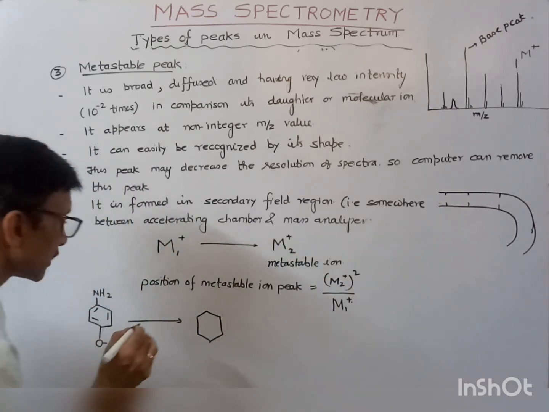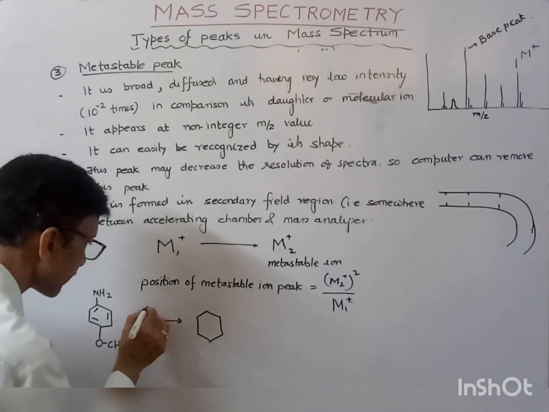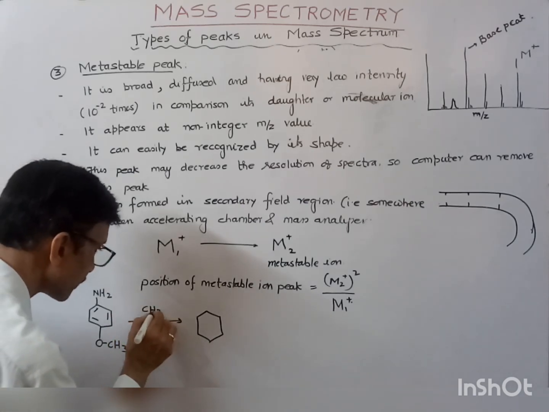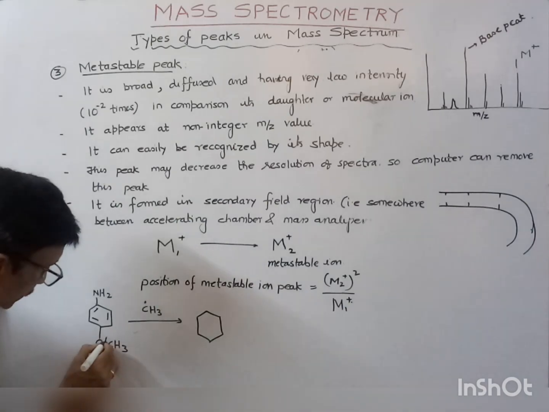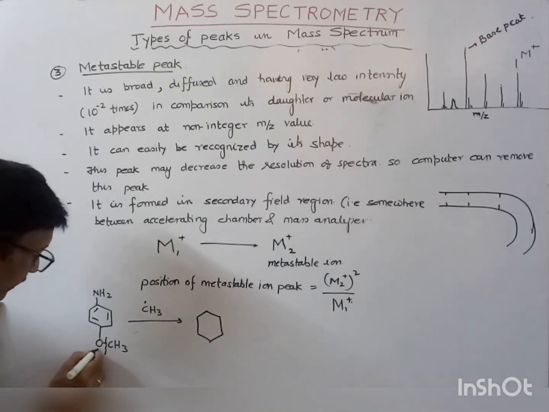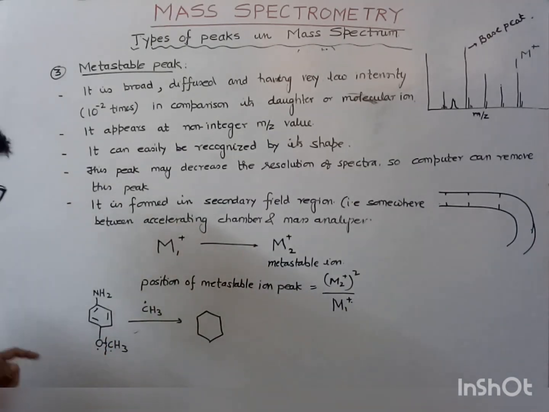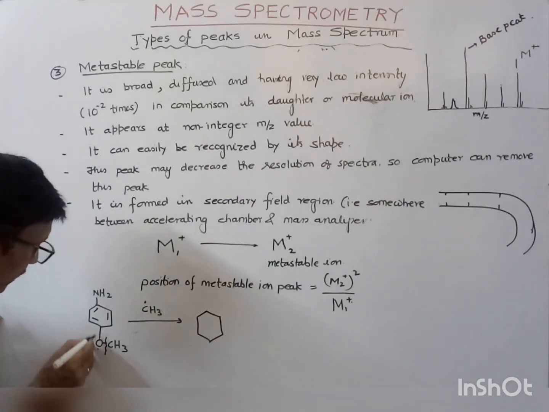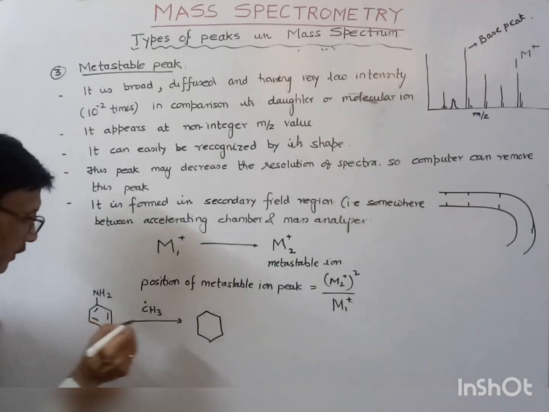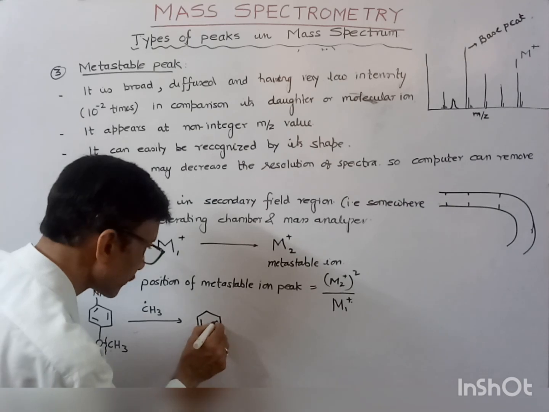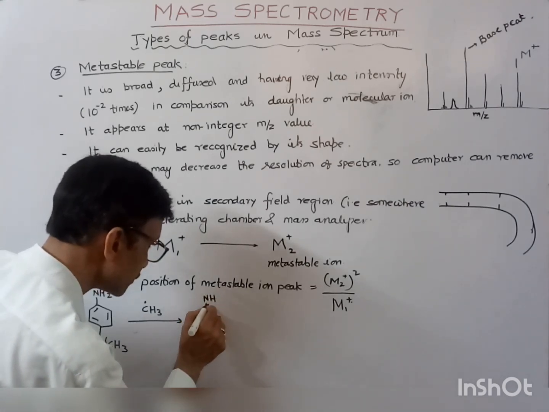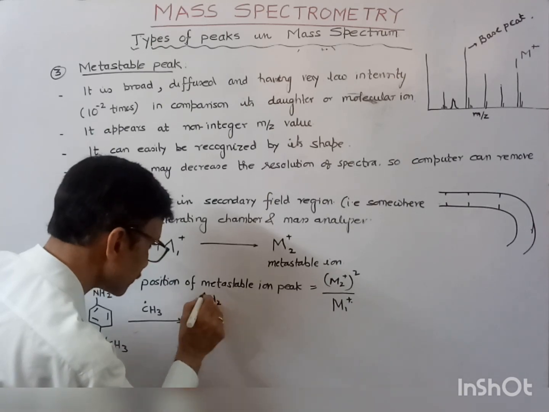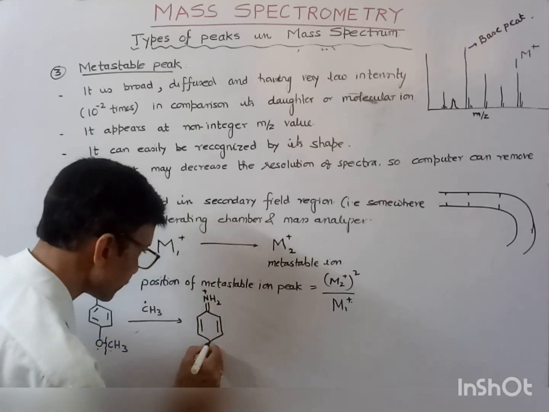It fragments, and suppose one of the methyl radicals is fragmented from here. So one radical would be here, another radical would be here, and these two radicals form a bond over here. Finally, we get this ion, the metastable ion, which is formed like this.